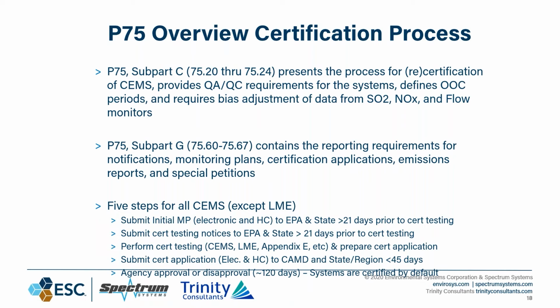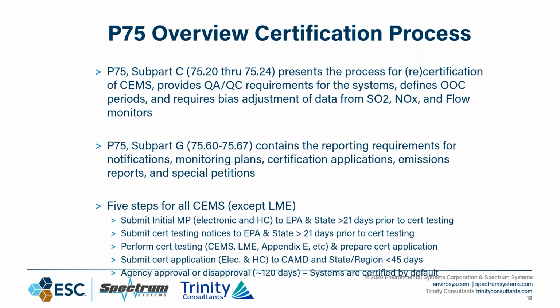To begin, this is just a 30,000 foot overview of the certification process. Here we're talking about Subpart C, where we learn about the process for certification or recertification of CEMS, the QA/QC requirements for these systems, definitions of your out of control periods, and bias adjustment of your SO2, NOx, and flow monitors.